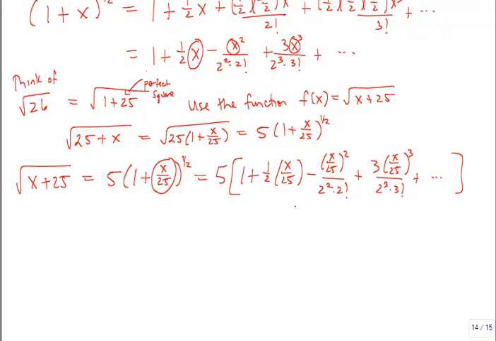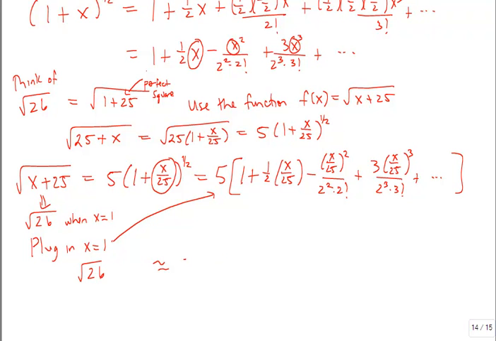What we want to know is that this is equal to the square root of 26 when x equals 1. So I'm going to plug in x equals 1 into this power series. And that should give me an approximation to what the square root of 26 equals.